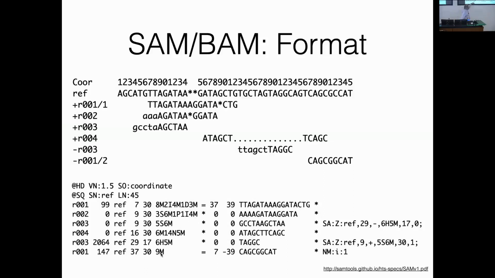The 9M means you had 9 base pairs that match, right? And so it's just a simple read. The 9 base pairs in a row are a perfect match to the genome. When you have other things like an S, the 3S means you skipped 3 bases, and then you mapped 1 base. And I actually have no idea what P is. I is an insertion and D is a deletion.